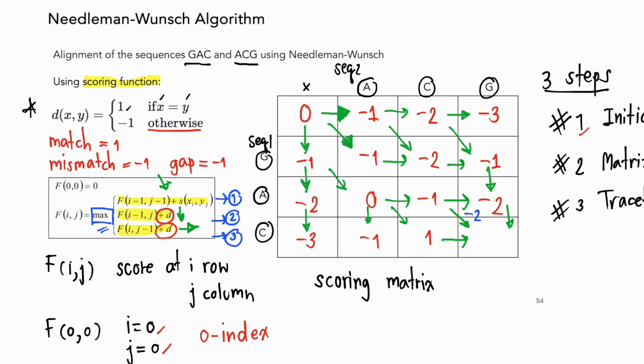From the top cell and left cell, we have to add with gap penalty score minus 1. Minus 2 plus minus 1 will be minus 3. 1 minus 1 will become 0. So the maximum value here is 0. Okay, so 0 comes from left cell, so I will put this 0 score in the last cell.